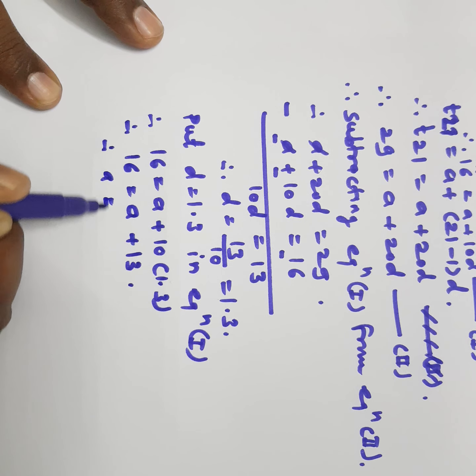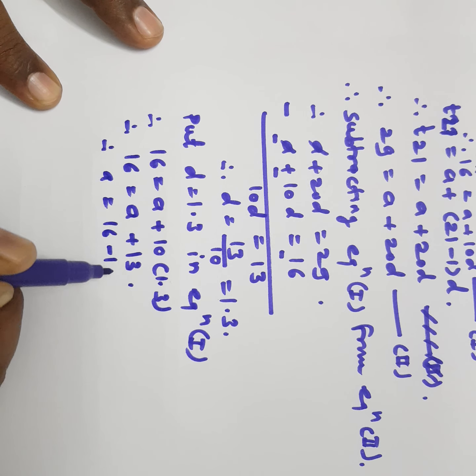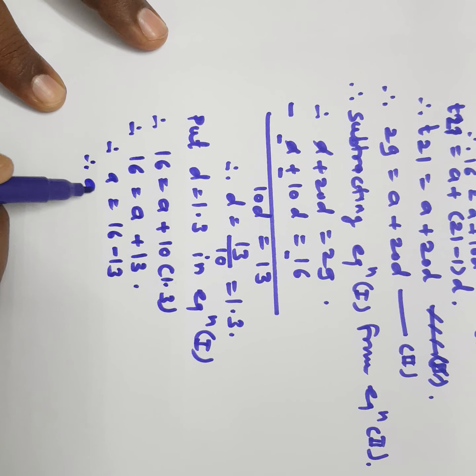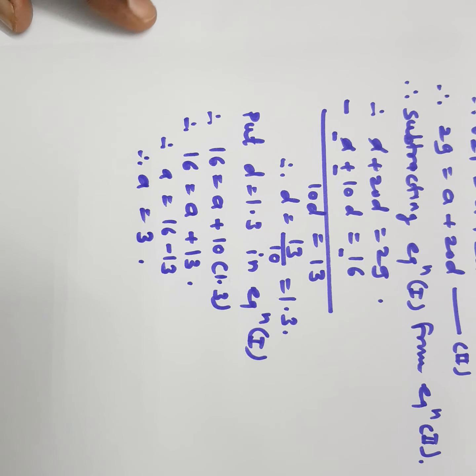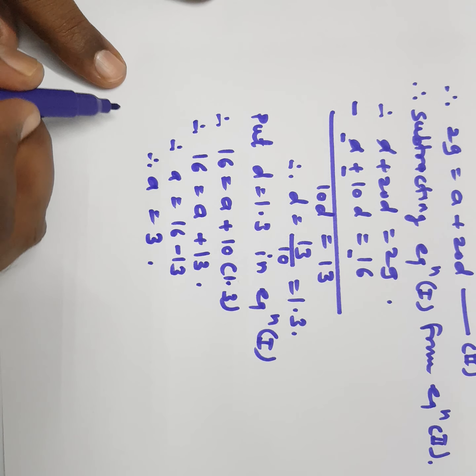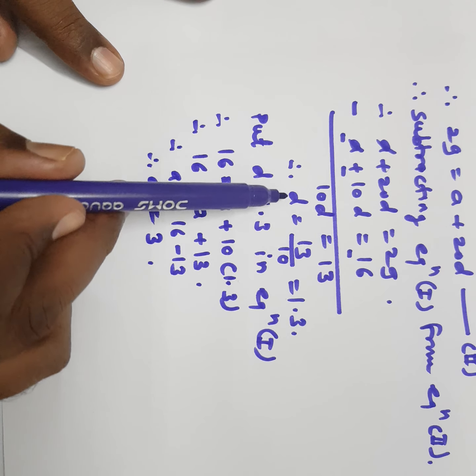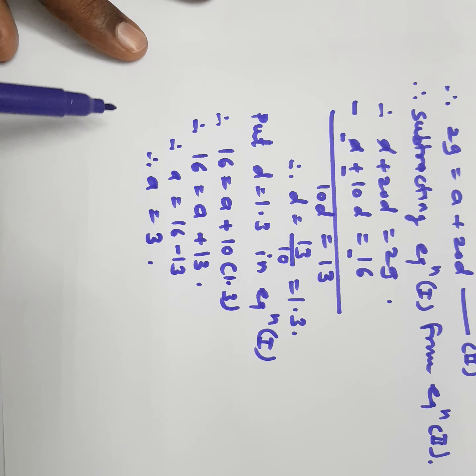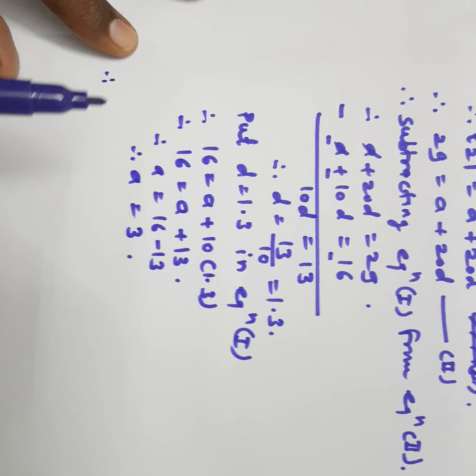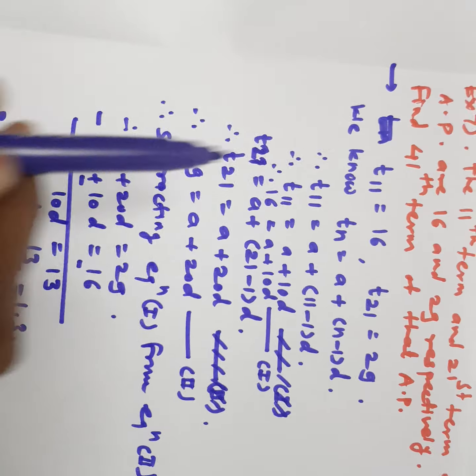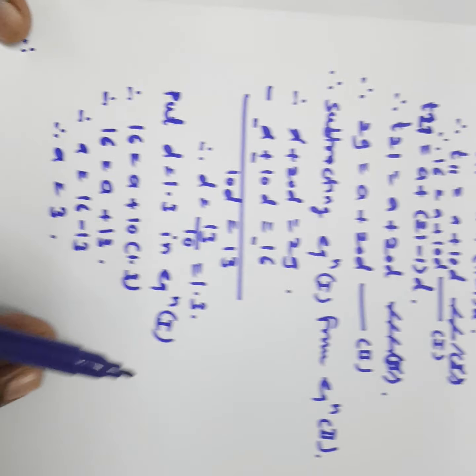Therefore a is equal to 16 minus 13. Therefore a is equal to 3. Now we have first term a is equal to 3, common difference d is equal to 1.3, and we have to find the 41st term.